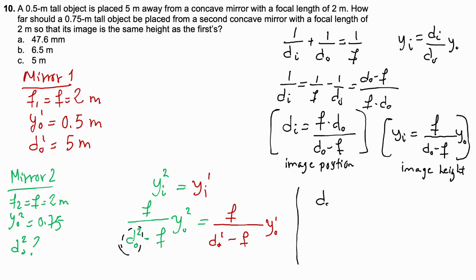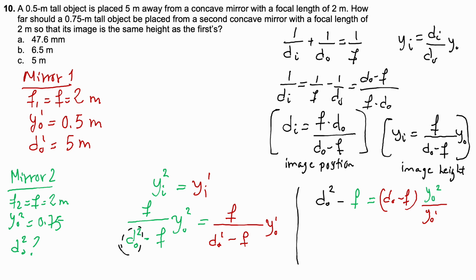So the position of the object in the second mirror, minus f, is equal to the other terms, which go to the right side: d sub 0 minus f, times the ratio of the height on the first one and the height on the second one.